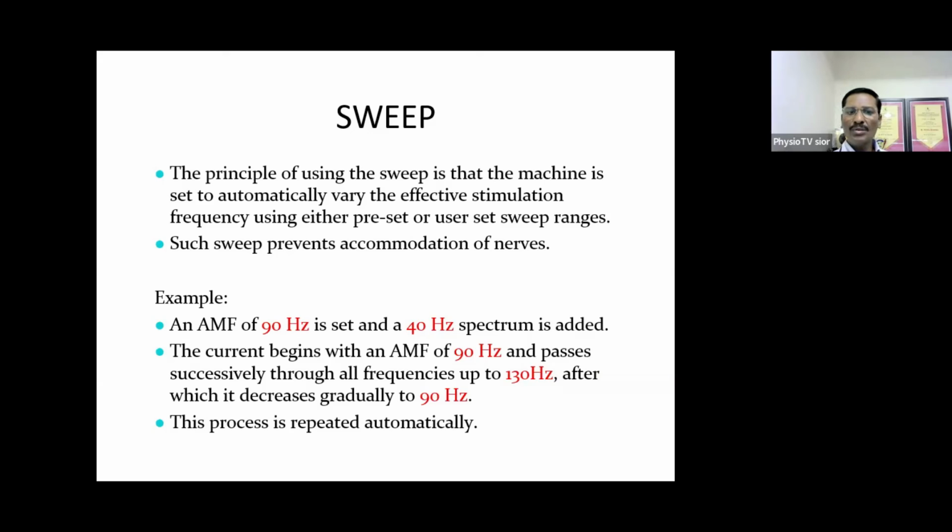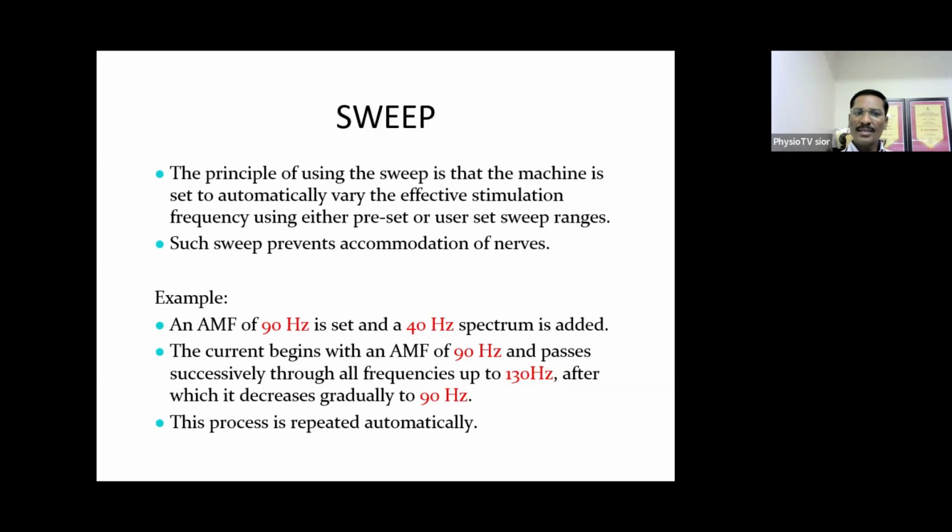What happens is the frequency of the current starts from 90 hertz and increases by 40 hertz. That means the highest frequency will be 130 hertz, after which again it comes back to 90 hertz. This process is repeated automatically in the machine.